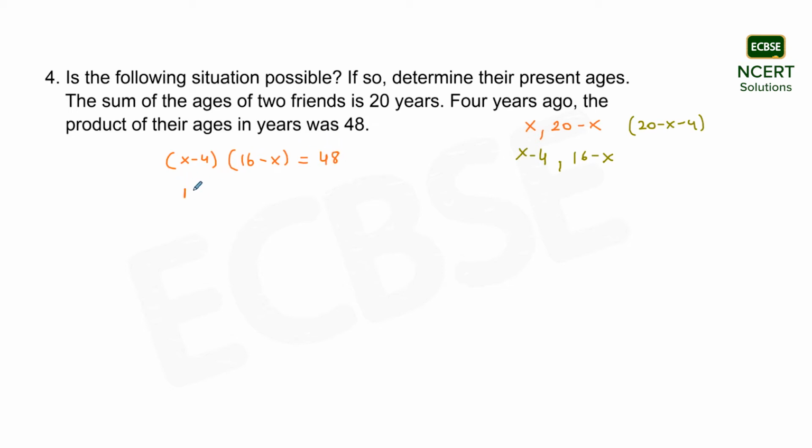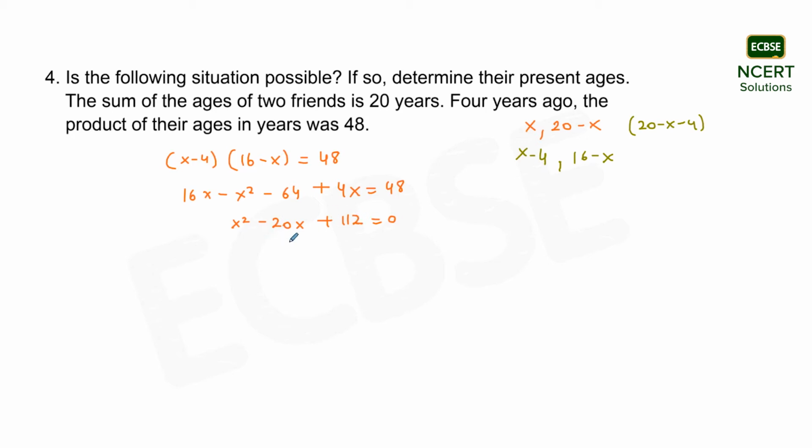On simplifying, I'll be getting 16x minus x square minus 64 plus 4x is equal to 48. Or I can write it as x square minus 20x plus 112 is equal to 0. So this is the quadratic equation being formed from this very problem.